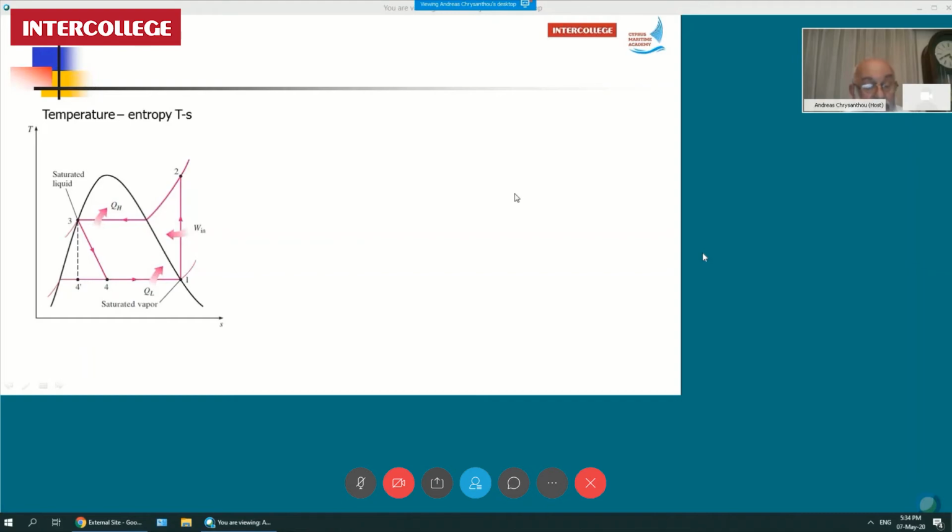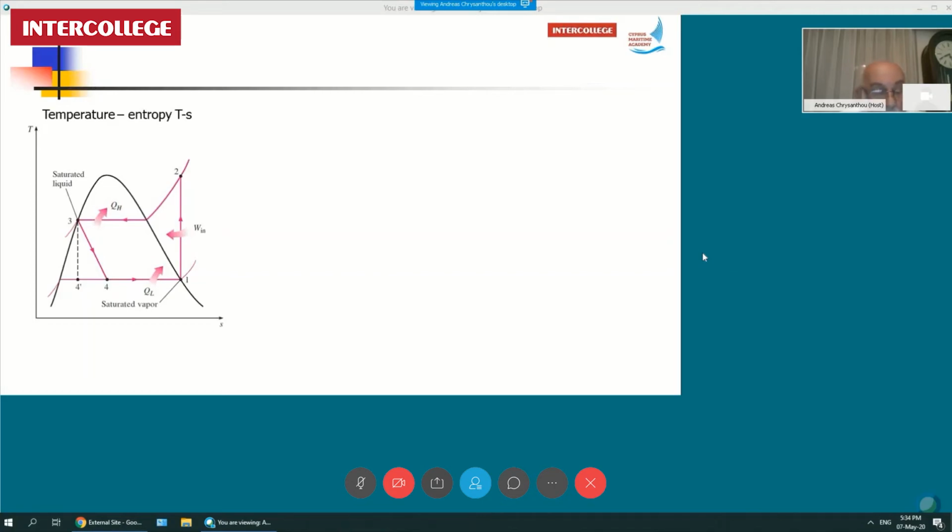Okay, here we have a temperature entropy diagram again of the refrigeration cycle. And we, as engineers, although we are nice people, we don't like to work too much with theoretical things. We like to have practical things in our hands.